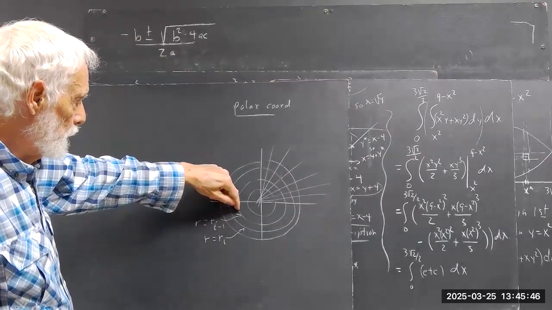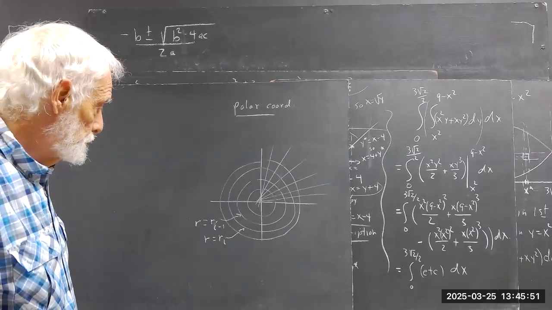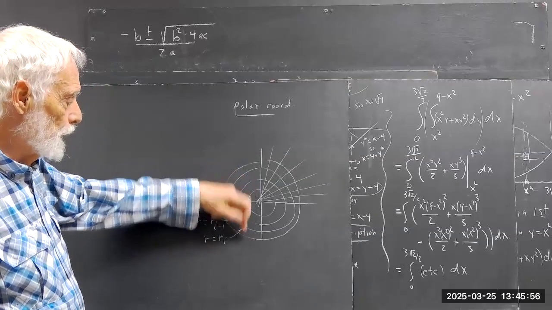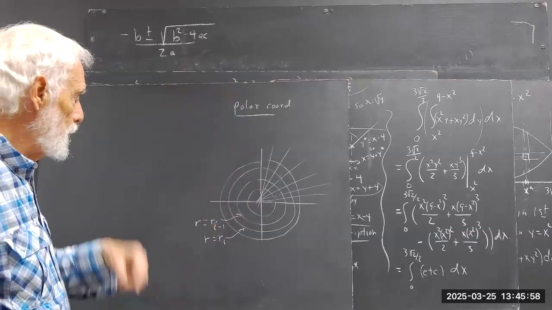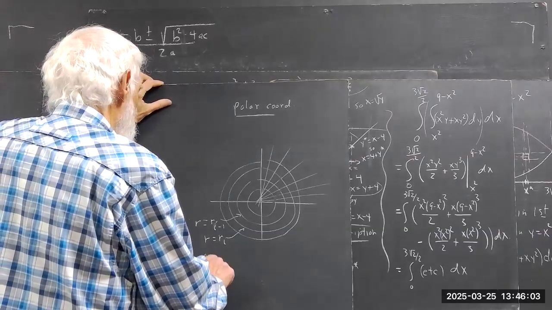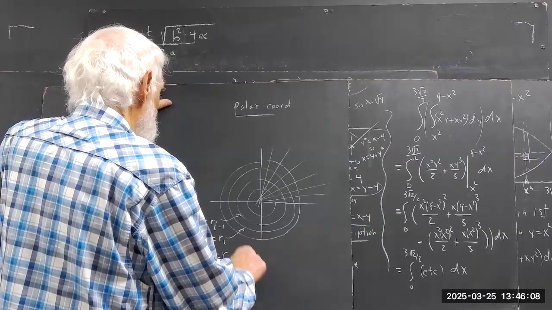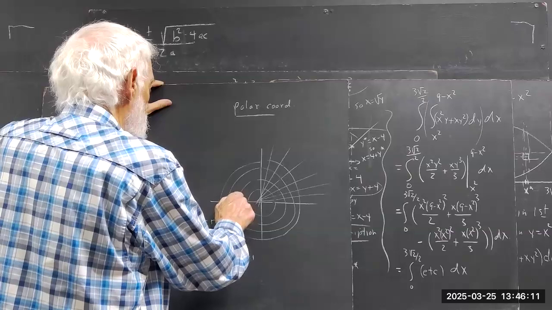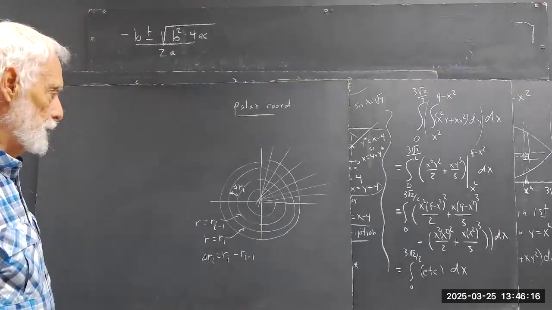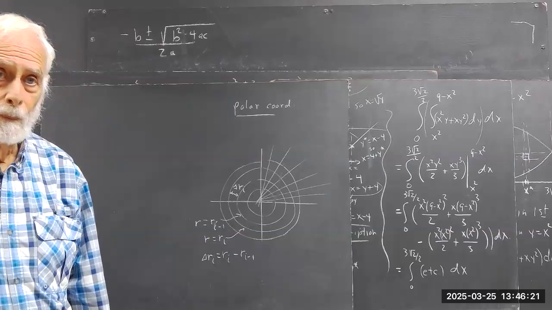So here we have r sub i minus 1, here we have r sub i. In this case, this would be r1, r2, r3, r4, so that might be r2 and r3. And delta r sub i is r sub i minus r sub i minus 1. So here's your delta r sub i, the distance between these two circles.